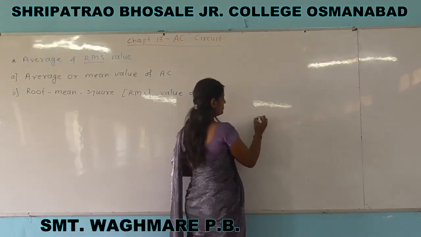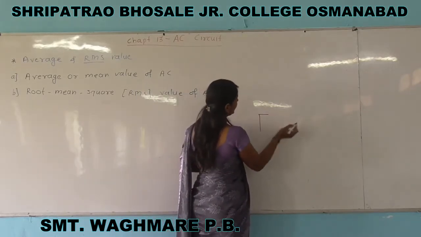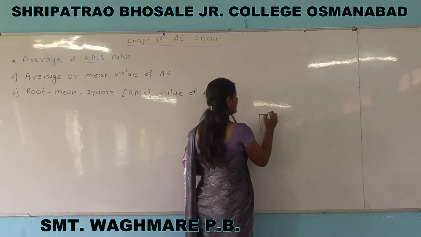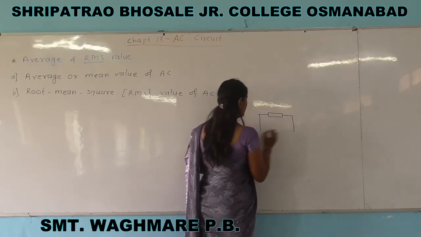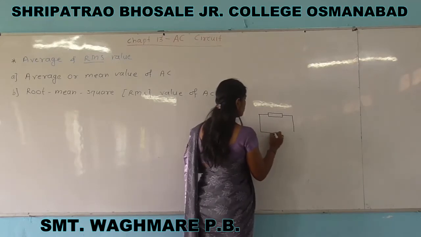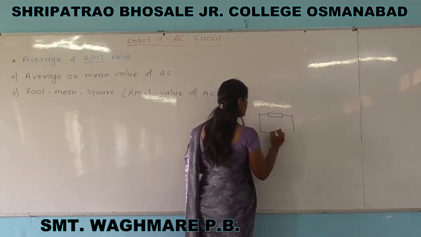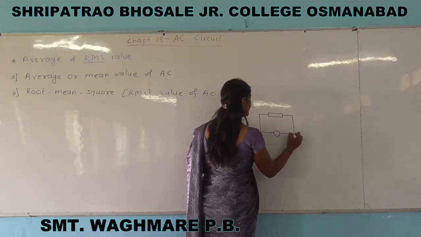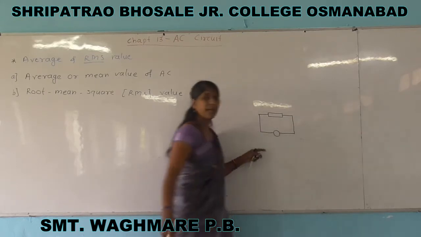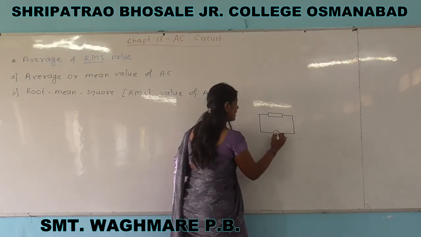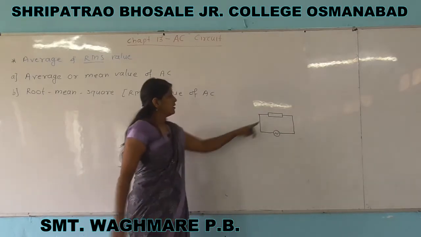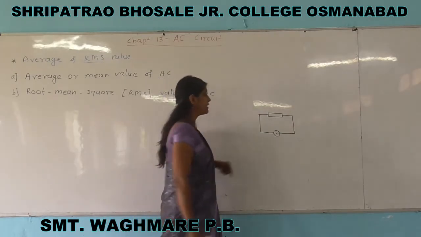Suppose we take a device, any device, and we give supply to this device. We can give two types of supply, AC supply and DC supply. First, we will give a DC supply.